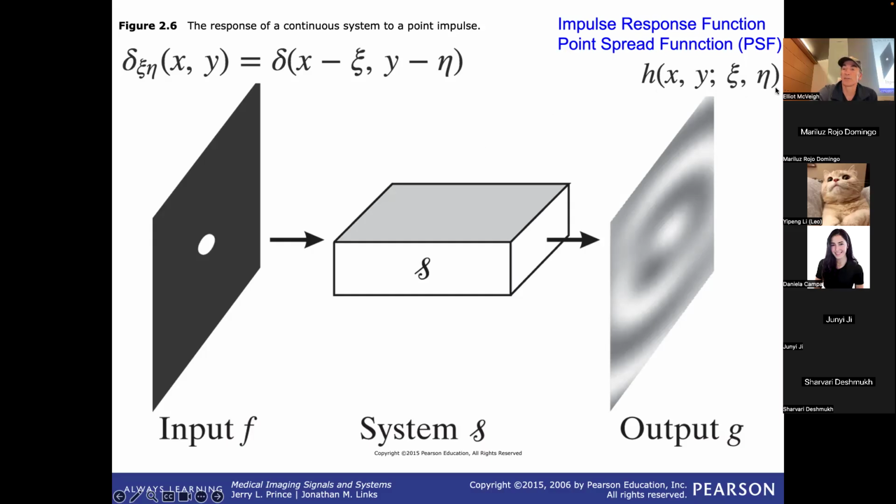If I have to generate a new impulse response function for something up here, then that system is not shift invariant. That means I need a whole set of point spread functions. And they're a function of x and y, but now they're also a function of where I am in the plane, right? Psi and eta.